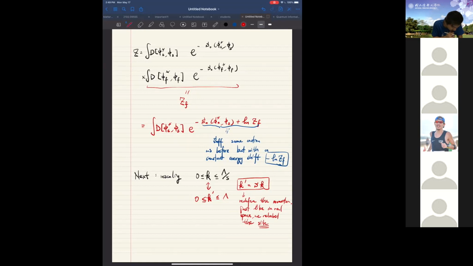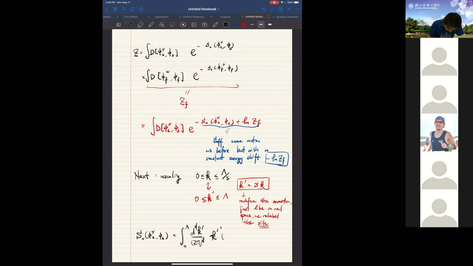So after this rescaling, we know the action. I want to use the black one, the action defined for the slow mode. Now we need to do rescaling. After rescale, it will be lambda, right? But you need to relabel your k by k prime, and this is k prime, and then of course k prime squared.